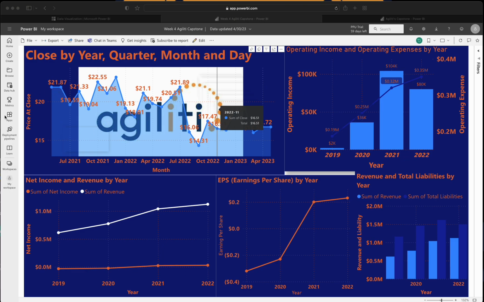First thing we see is the price of stock close by quarter, month, and day. We can drill down in here if we wanted to. So you see at the beginning here, the stock was at $21.87 in July 2021. This is a 12-month overview.